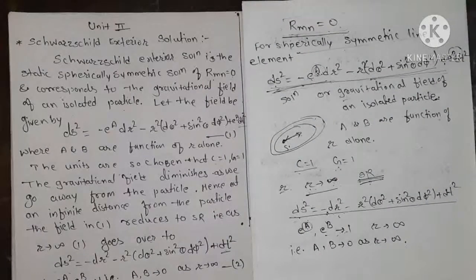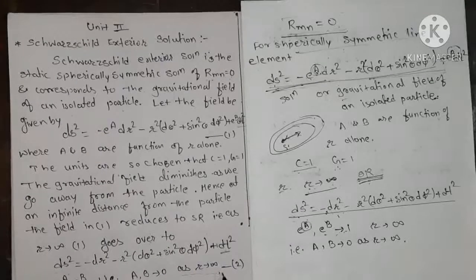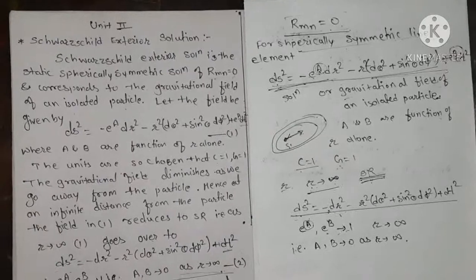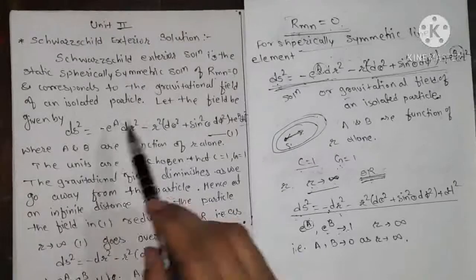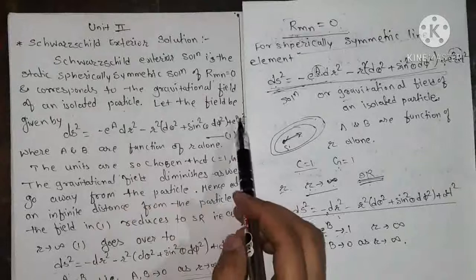So e to the power a and e to the power b tend to 1, and this happens when a and b tend to 0. So a, b tend to 0 when r tends to infinity. This is our condition, and now we have to solve Rmn equals 0 to find the values of a and b.